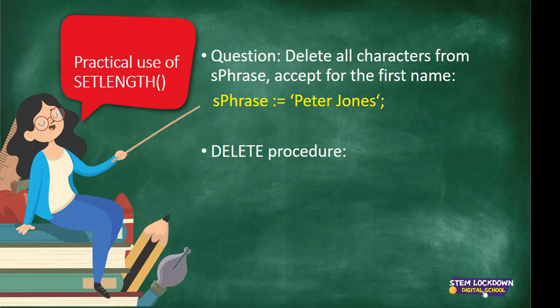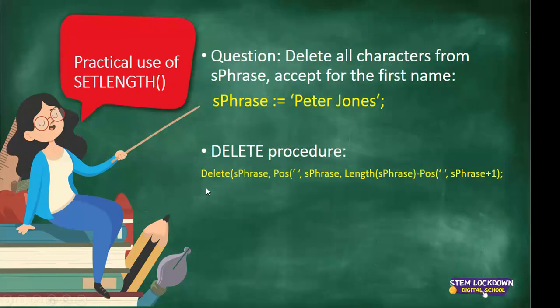So to do this with the delete procedure, that would be the syntax. Let's go through it. So delete. What am I deleting from? It's sPhrase. Now I want to delete from the space all the way to the end. So the next parameter is my starting position. Now I need to find the starting position.